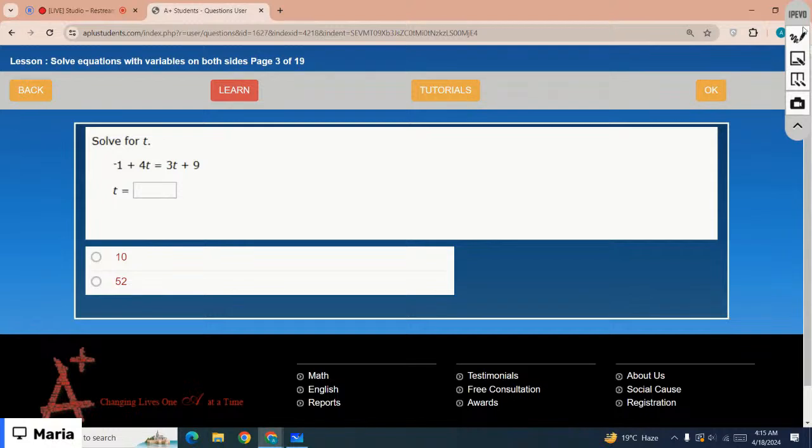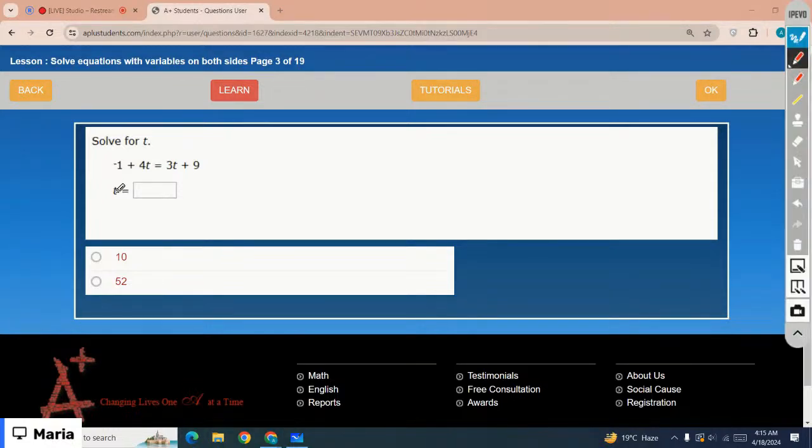Solve for t. So move the like terms to the same side. 4t minus 3t equals 9 plus 1. So which is the correct option?